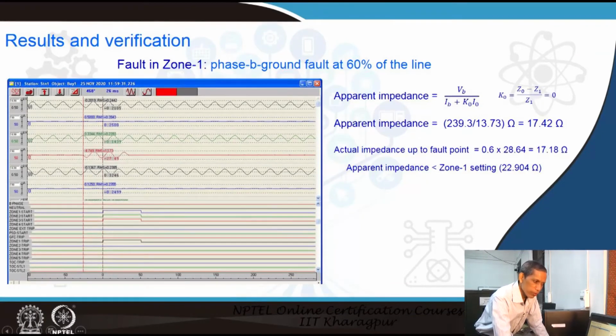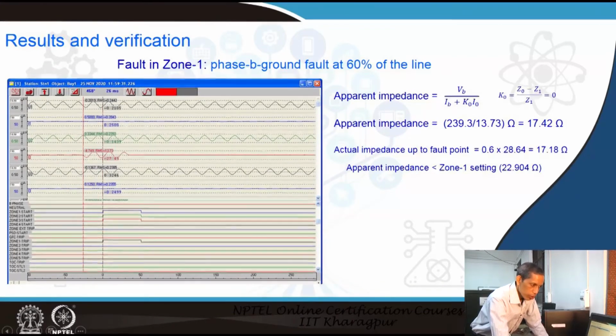So, we see that the apparent impedance computed by the relay during the fault, 17.42, versus the actual one, 17.18, are almost at par, with all uncertainties in the response of the CTs, PTs and the calculation process in the relays.